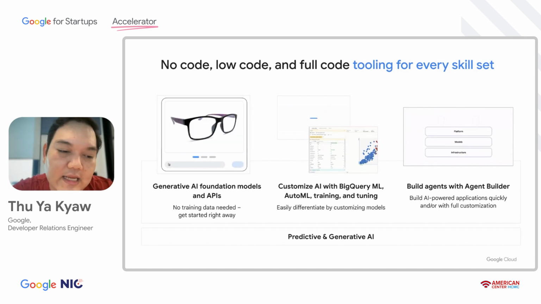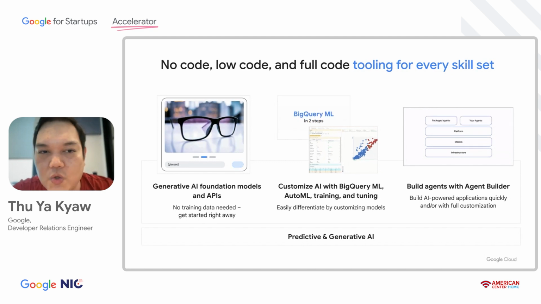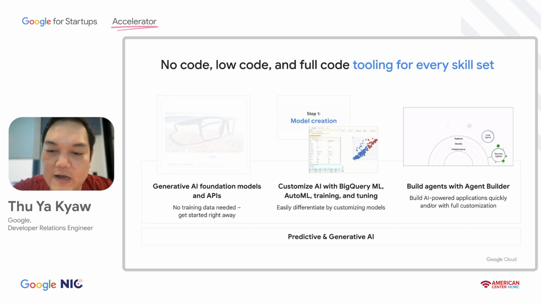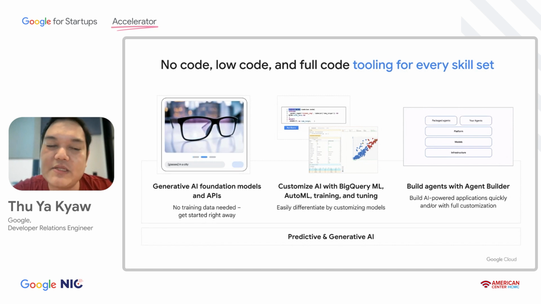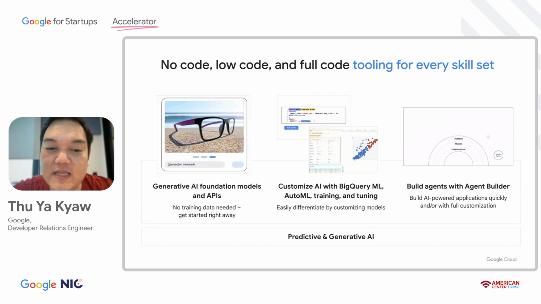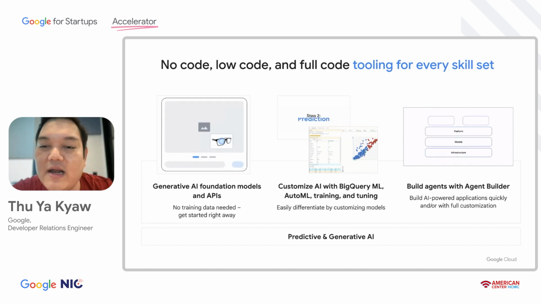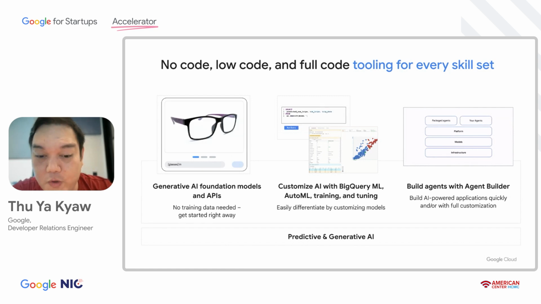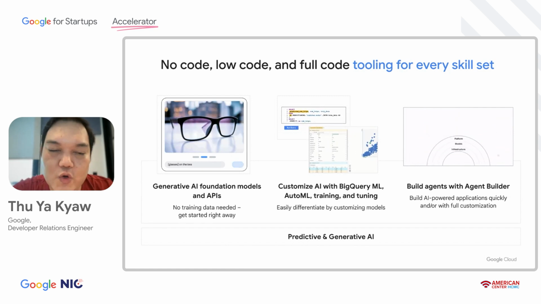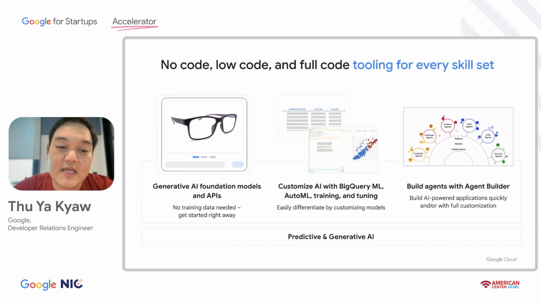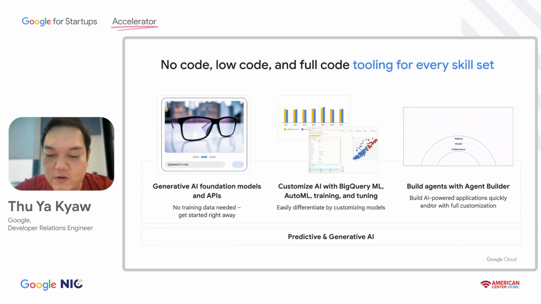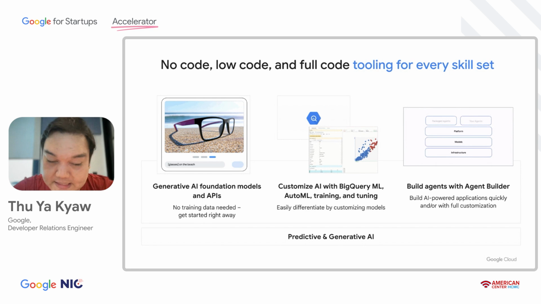And to integrate it, there are also a lot of no-code or low-code solutions out there, so you don't really have to go full code all the time. Sometimes going low-code or no-code might even give you a better ROI than going full code. You have to consider things like that when choosing a generative AI model or the system that you want to integrate or base your business on.